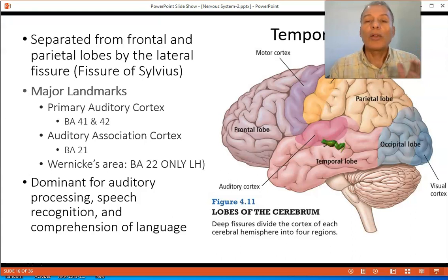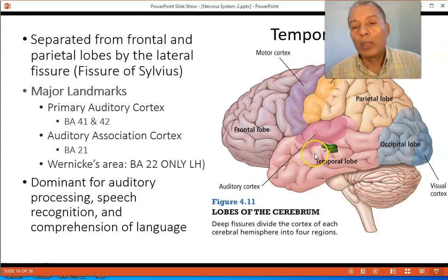So these two areas, the auditory association area and the hippocampus, work together to help you recognize the meaning of the words that you hear.